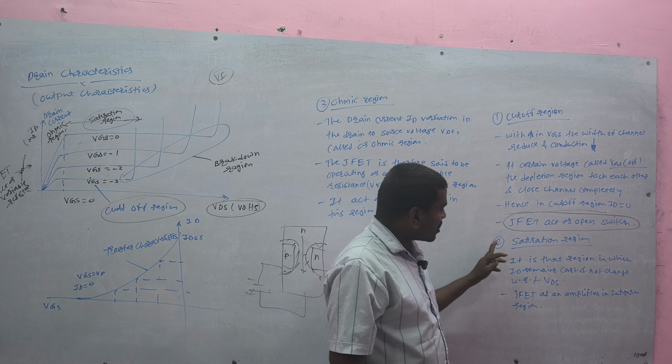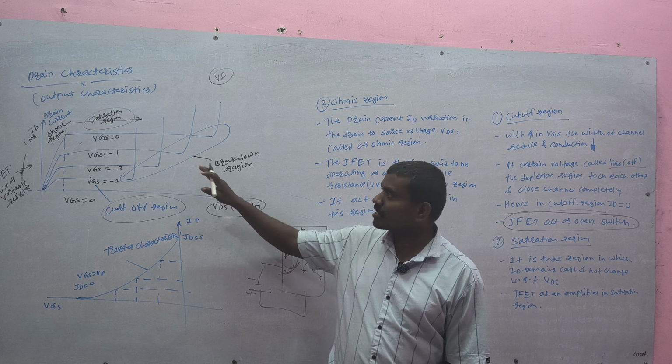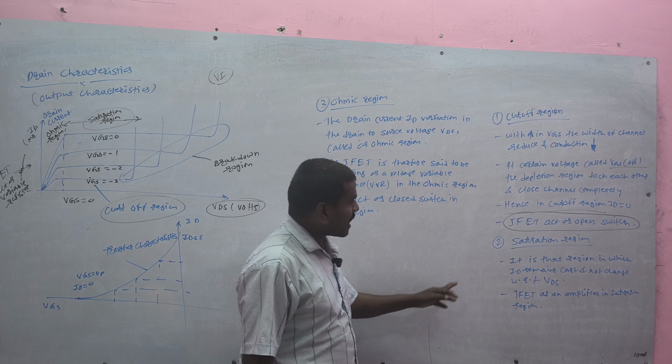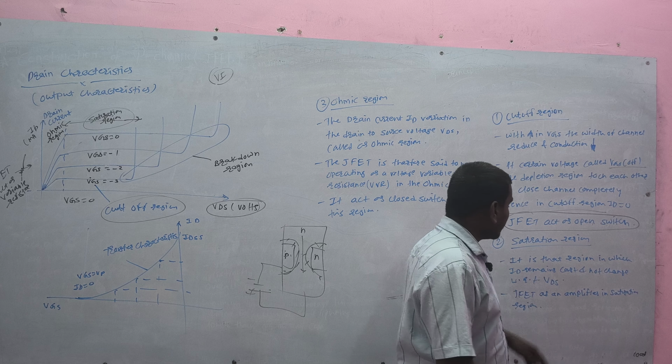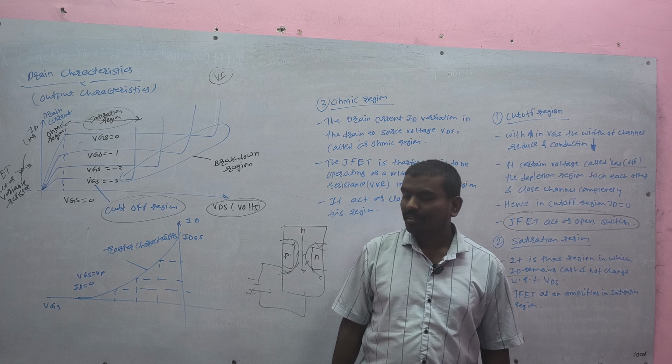Then in the saturation region, what happens? In the saturation region, ID is constant. So this is VDS, this is ID. In the saturation region, ID remains constant and does not change with respect to VDS.